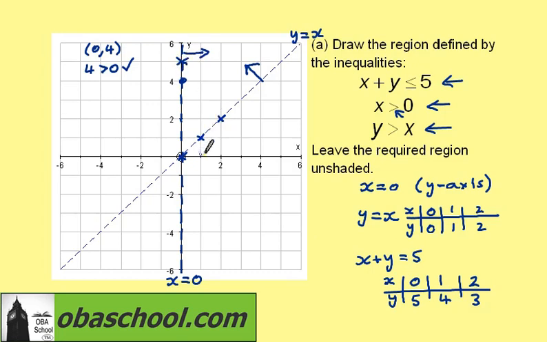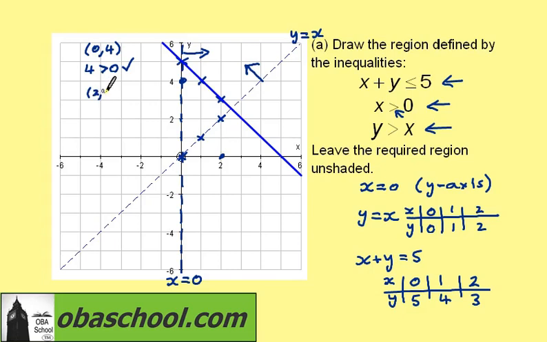Let's plot these points. And we need a straight line through these points. This needs to be a solid line because the inequality was less than or equal to. Let's take a test point.